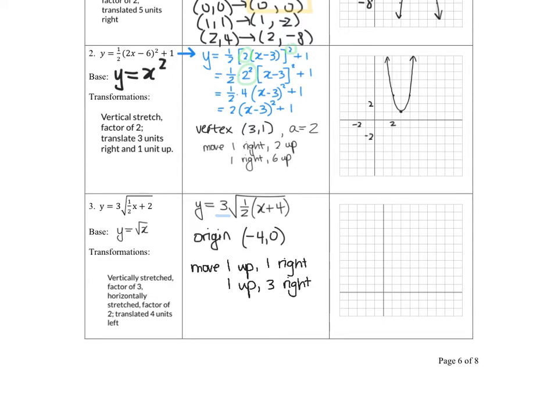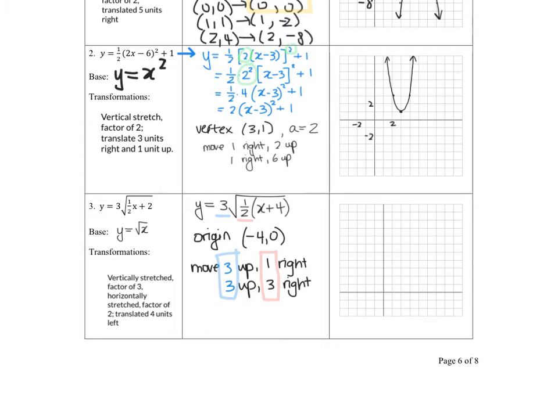That's going to affect my up steps. Okay, so instead of moving just 1 unit up each time, I'm going to be moving 3 units up. And then my right steps are going to be affected by this half, which causes a horizontal stretch by a factor of 2.